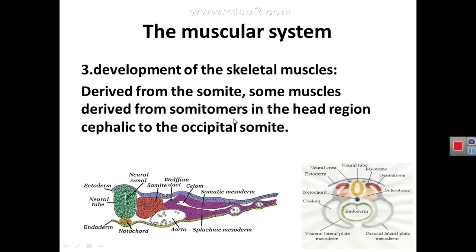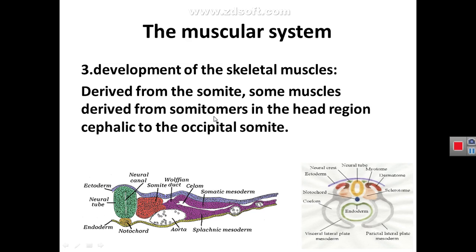However, the head region is anterior to the somites. You know the somites are 42 or 44 pairs of somites. So the paraxial mesoderm anterior to the most anterior somite will also be compacted, but the compaction will not be to that degree which will allow us to call it a somite.